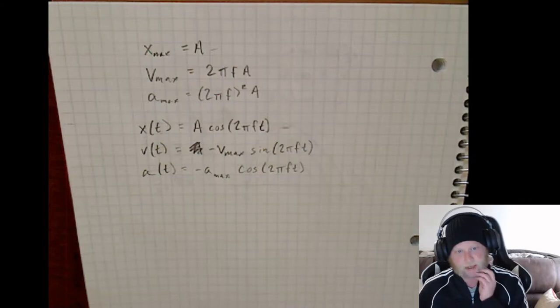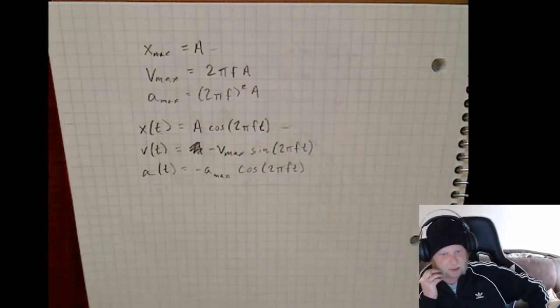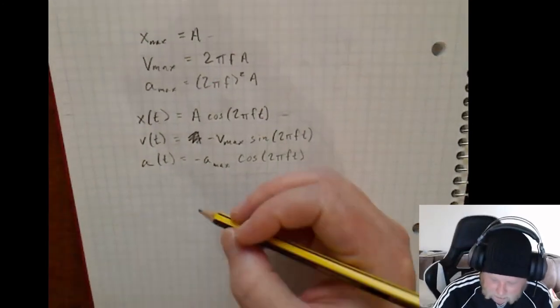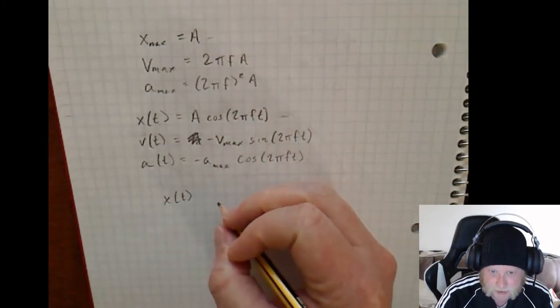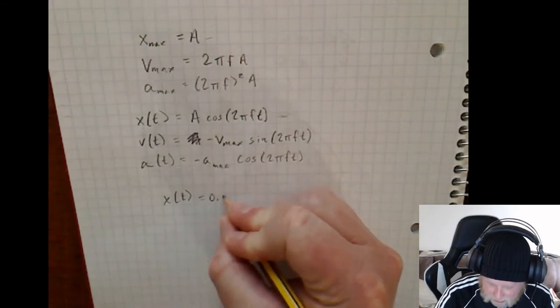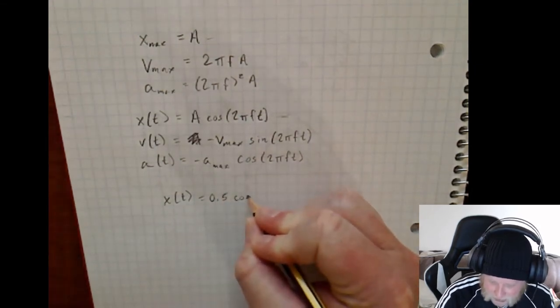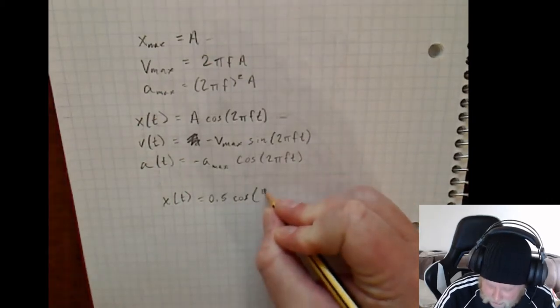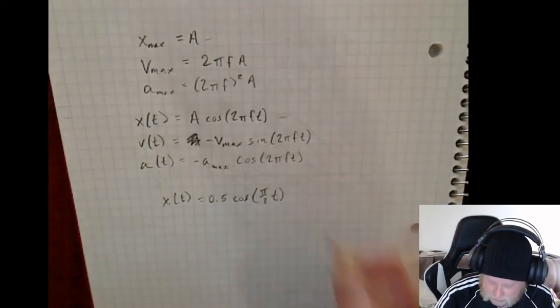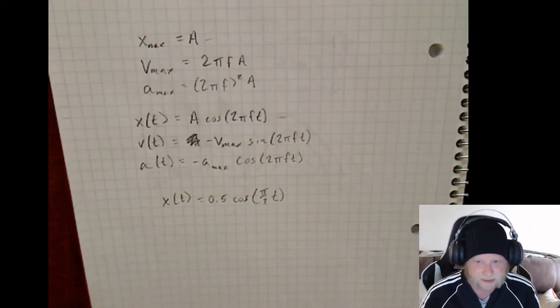Now, number 1 says the position of a simple harmonic oscillator is given by the equation x of t is equal to 0.5 times the cosine of pi over 3 times time. Where t is in seconds, we want to know the maximum velocity of this oscillator.